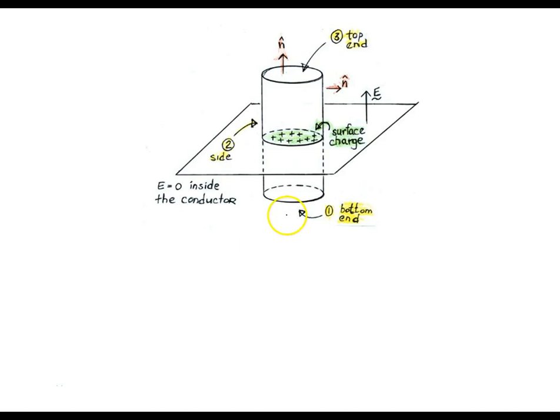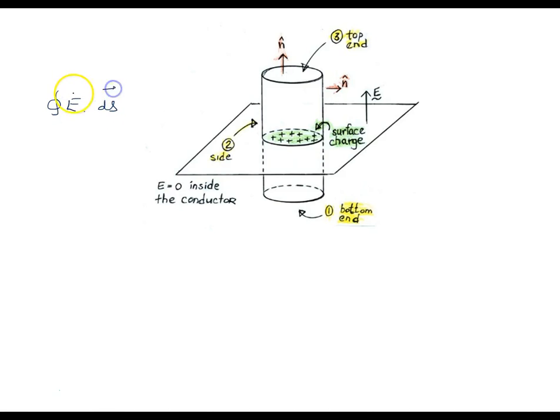In the bottom one, all of you know inside the conductor electric field is 0. On the top one, direction of the area vector and direction of the electric field vector both are parallel, and on the curved part area vector and electric field vector are perpendicular. So again only one part you are supposed to use because you know Gauss law, E dot ds.